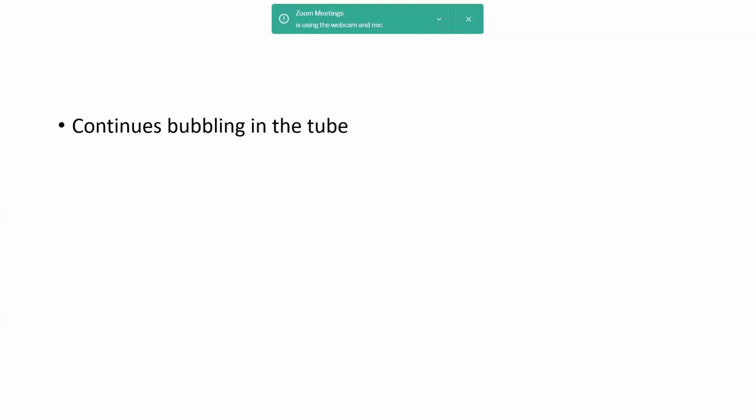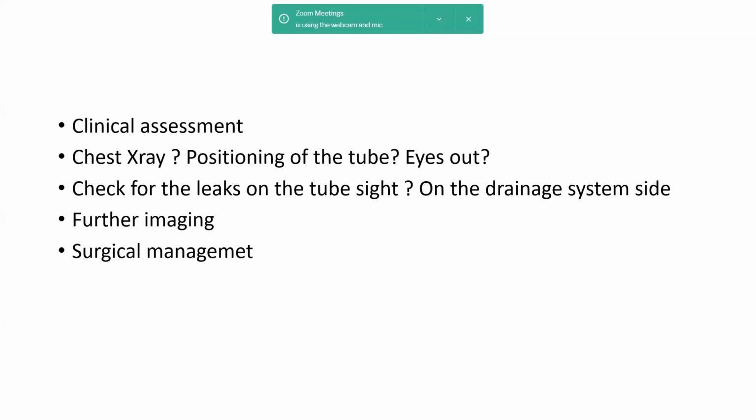Another thing, continuous bubbling. This can be due to simple surgical site problems, or tube damage, or some damage to the lung parenchyma. Again, we go to the first thing, assess the patient clinically. See the surgical site. I'm repeating myself, but has the eye come out?